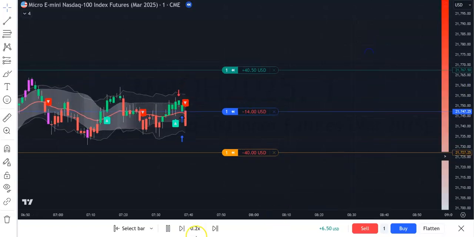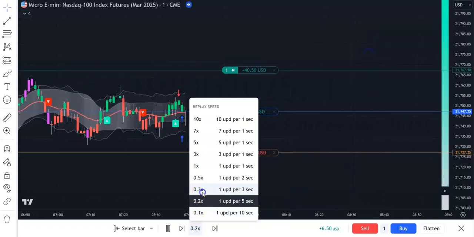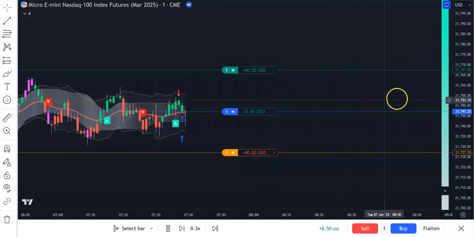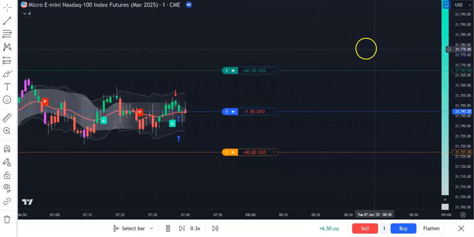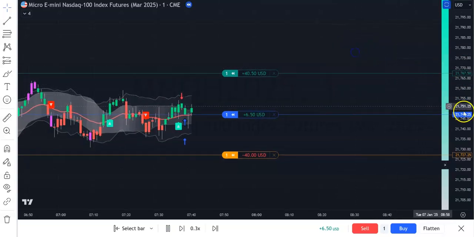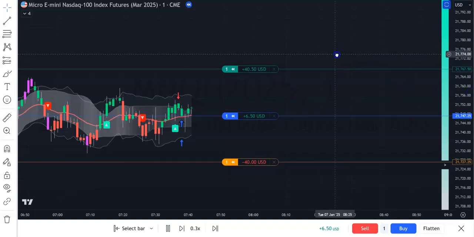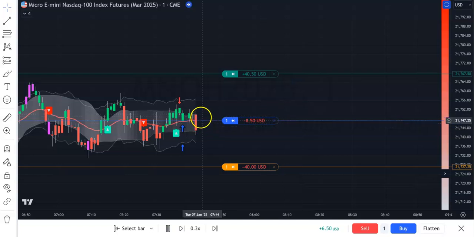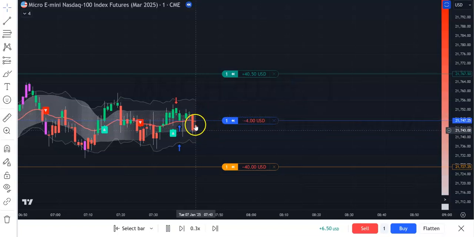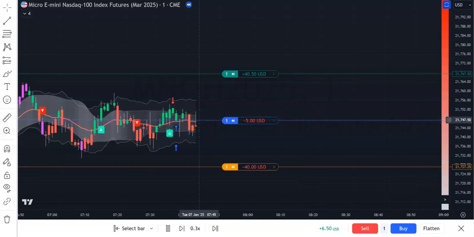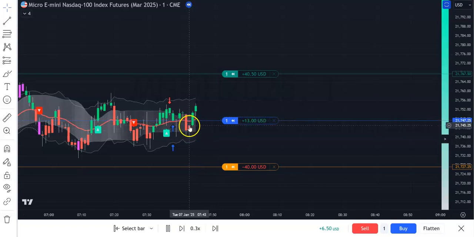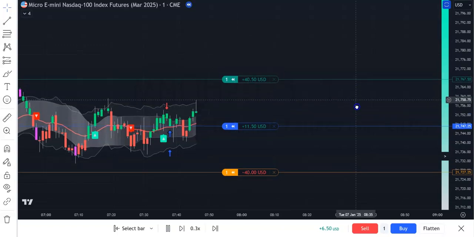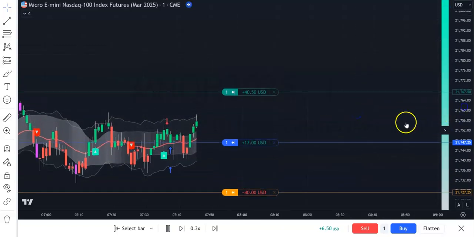Okay. Now I'll speed it up just one notch, otherwise we're going to be here all day. Oh, okay. See what happened on that one? We were getting some sell signals, but they didn't stay illuminated for the whole thing because the momentum obviously changed.